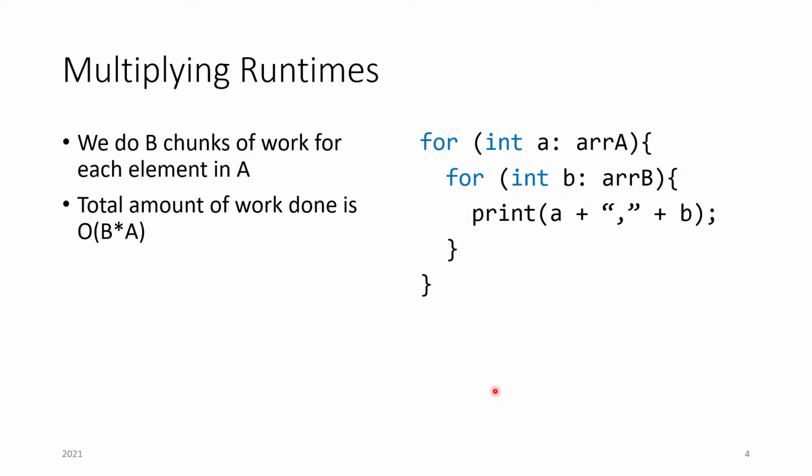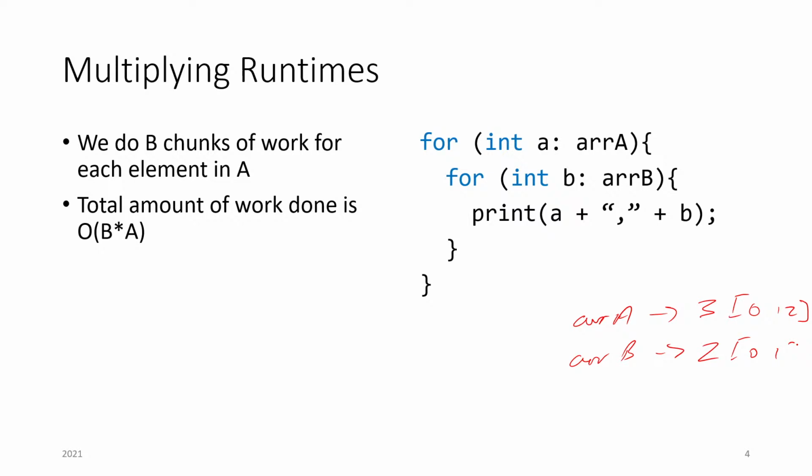And to give you an idea of this, let's say array A here had 3 items, and array B here had 2 items. And we know arrays start from 0, so 0, 1, 2.